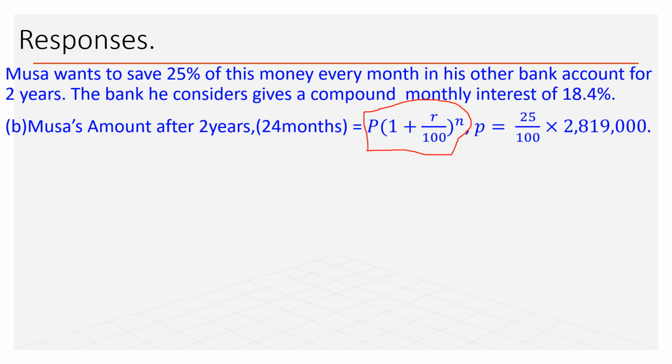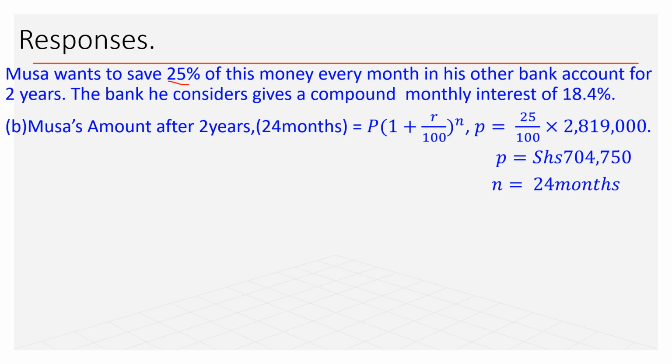Principal is 25% of his monthly net income. So we shall get it from this. That's the principal, and the principal now will be 750 shillings. Then the number of periods will be 24 months.